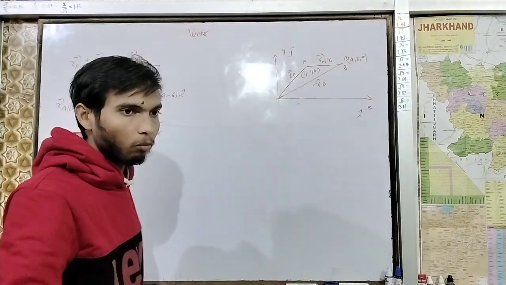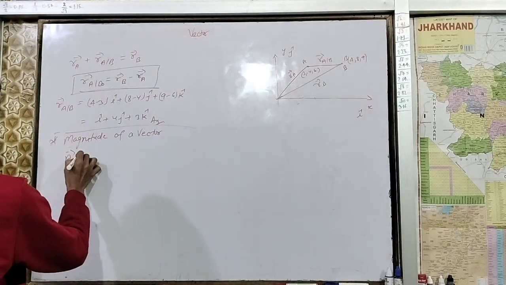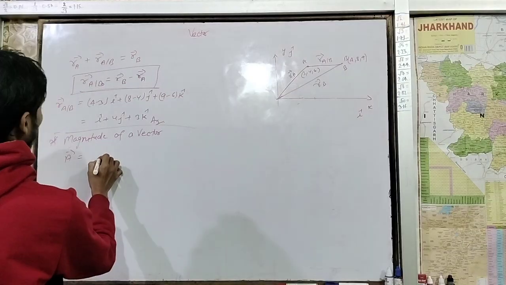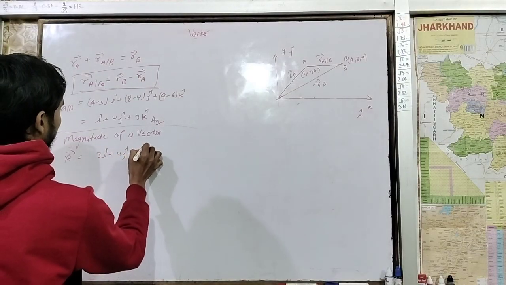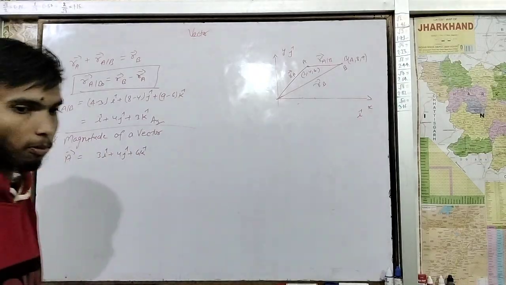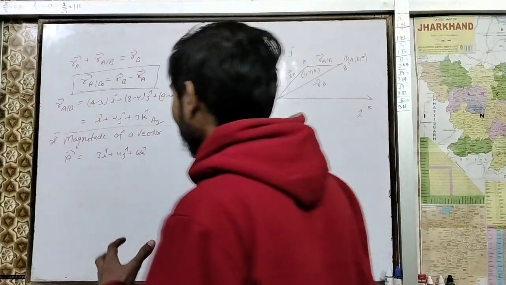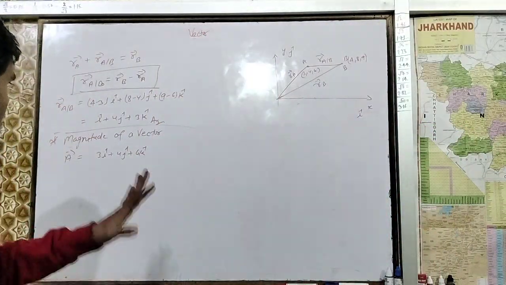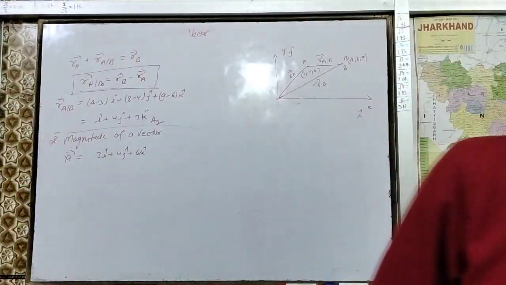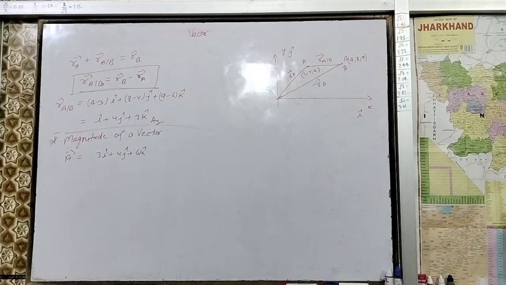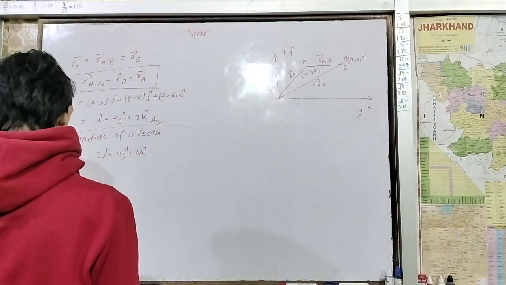For example, the location of a particle is given as 3i cap plus 4j cap plus 6k cap. We only want the magnitude of this, only the magnitude without direction.